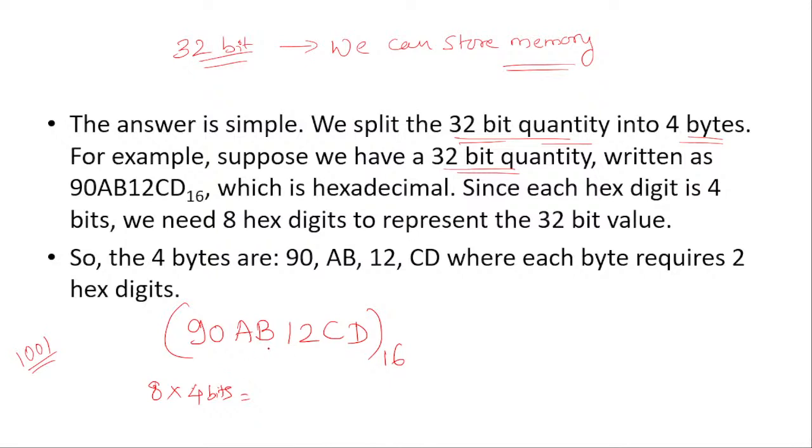One hexadecimal digit is equivalent to 4 bits, for example hexadecimal 9 indicates 1001. So 8 into 4 is 32 bits, which is 4 bytes: the first byte, second byte, third byte, and fourth byte, where each byte requires 2 hexadecimal digits.